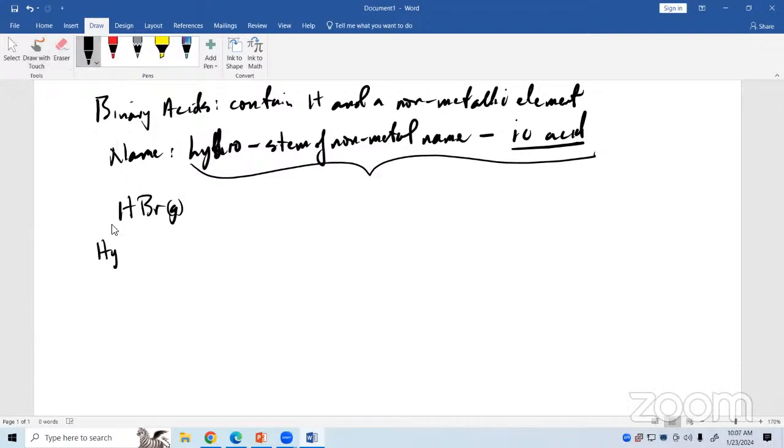So hydrogen bromide. Okay. So after adding this to water to form HBr aqueous, what would be the name of the resulting solution?